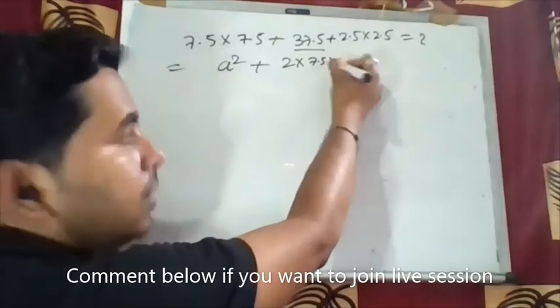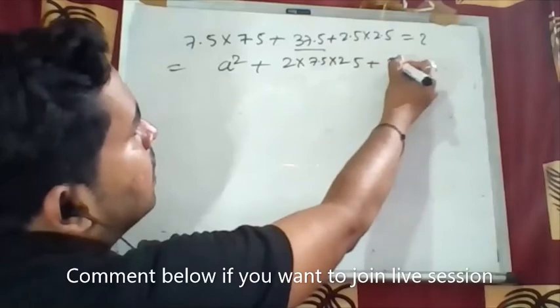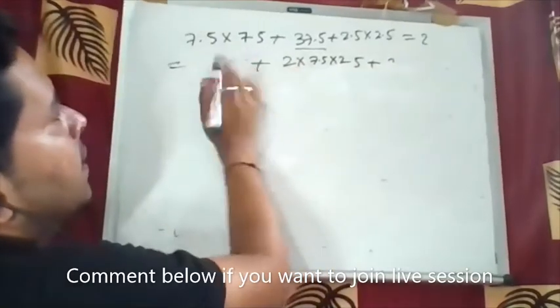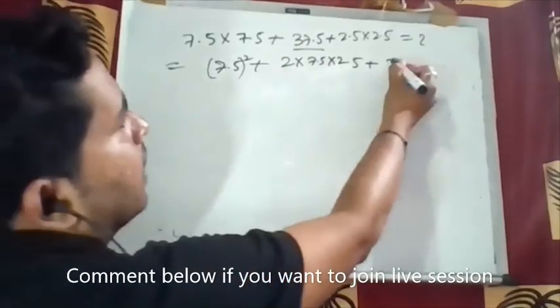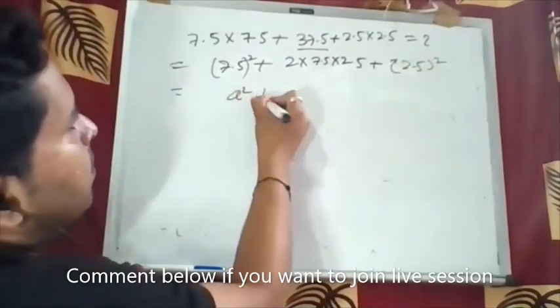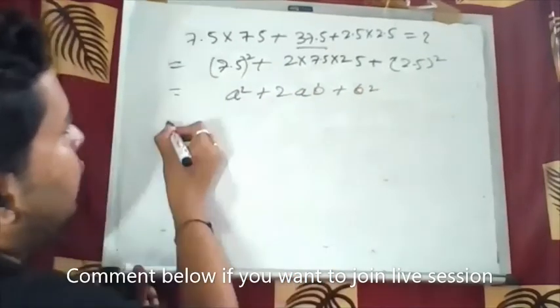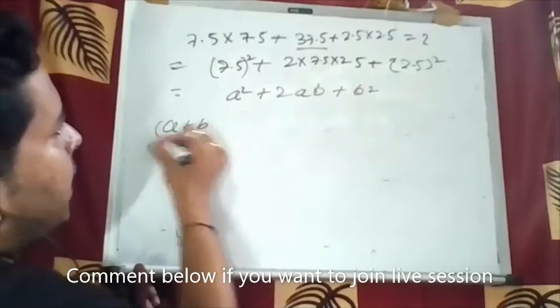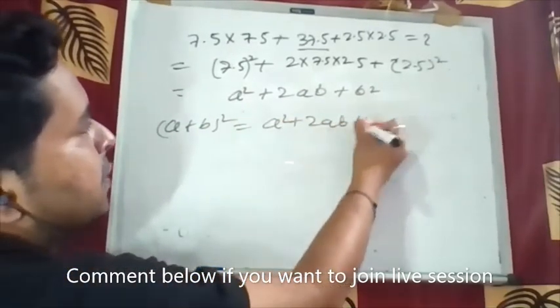and 2.5. Okay, plus I can write this as 2.5 square. So this will become my a square plus 2ab plus b square. So what is the formula? A plus b bracket square can be written as a square plus 2ab plus b square.